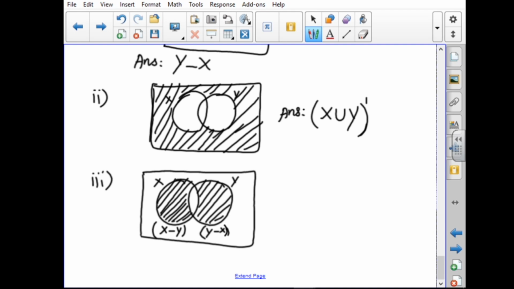That means the answer is X difference Y union Y difference X. Do you remember this formula? This is equal to X delta Y.